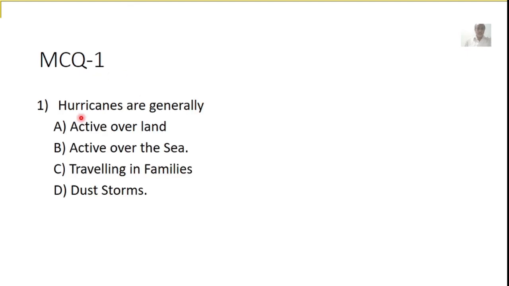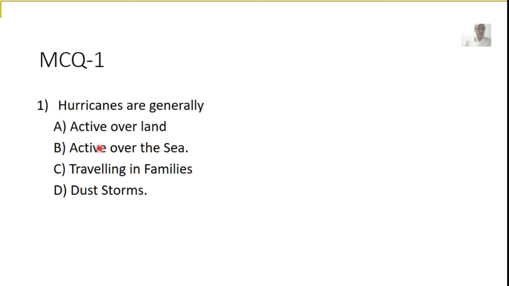Next, MCQ session. Question number 1. Hurricanes are generally: A, active over land; B, active over the sea; C, traveling in families; D, dust storms. On the surface of land, the cyclones are not active, they die off. So the first option is wrong.